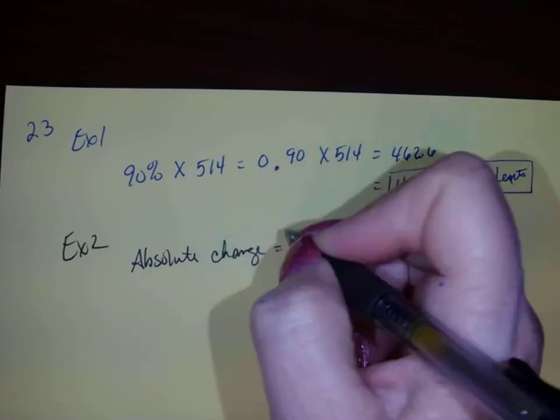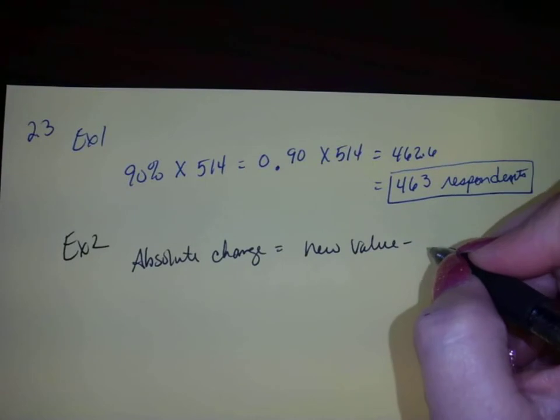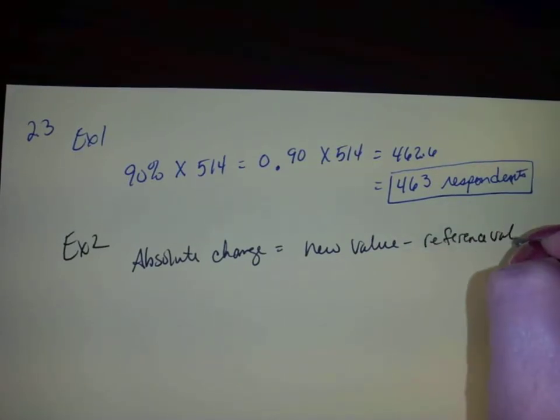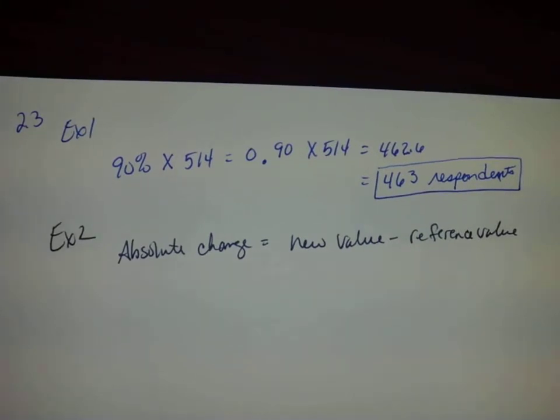And our absolute change, again, is going to be the new value minus the reference value. So our new value is our newer dates, our newest data, right? It said that in 1950 was 2.6 billion, and in 2015 it had reached 7.3 billion.